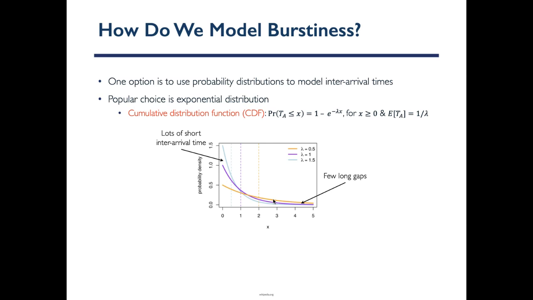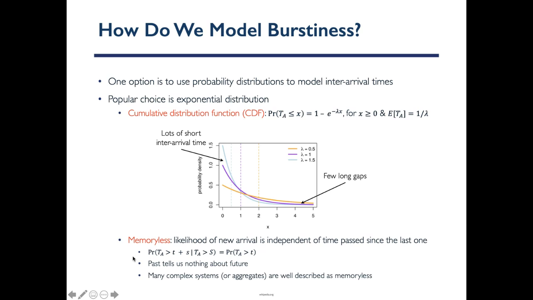This basically models that for us, because the probability that TA is small is pretty high. And then the probability that TA is large and big is small. So this basically is kind of like a histogram. It says as x increases, the probability of seeing long intervals decreases, and the probability of seeing short intervals is high, which is basically what we wanted. We wanted to model the burstiness, and this basically does that for us.